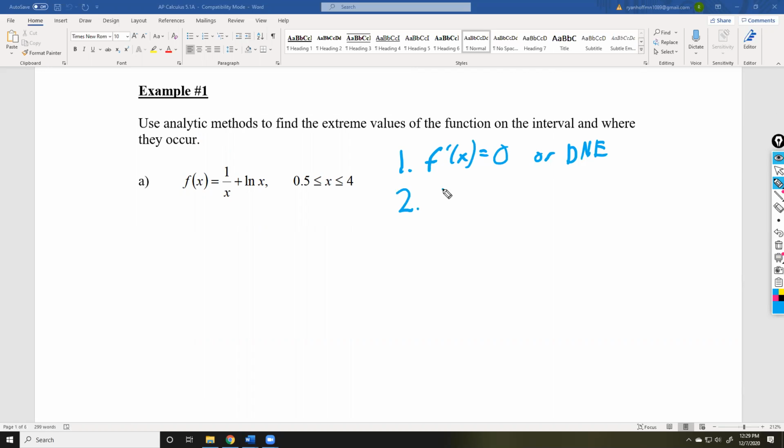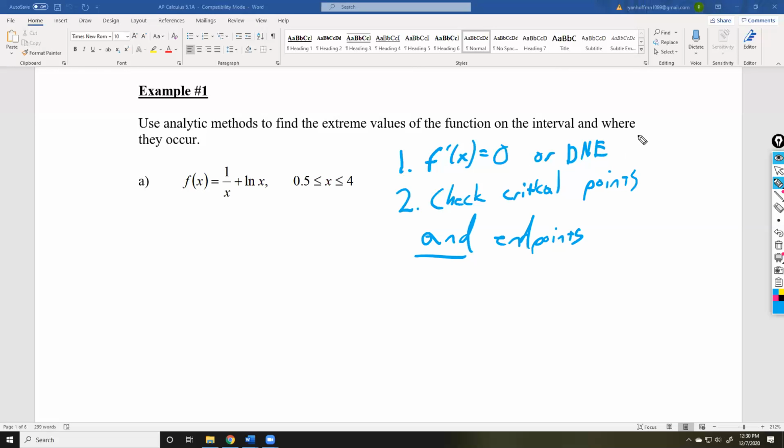And then check those critical points and the endpoints. The critical points and the endpoints, so that we know the critical points are where f prime is 0 or does not exist.